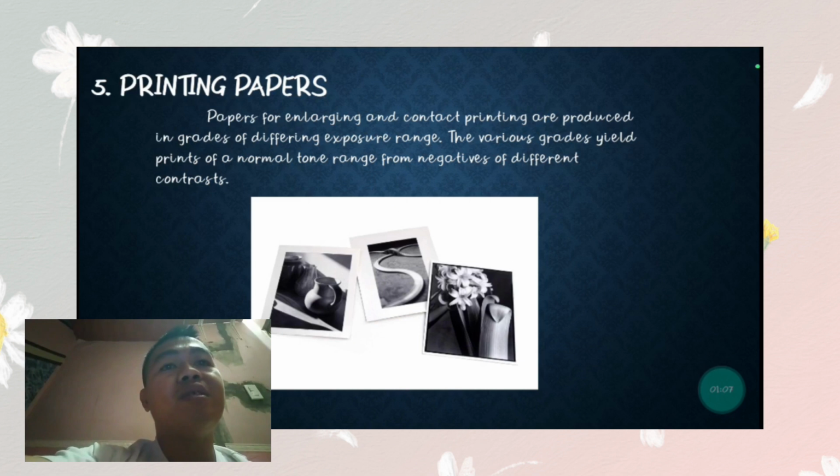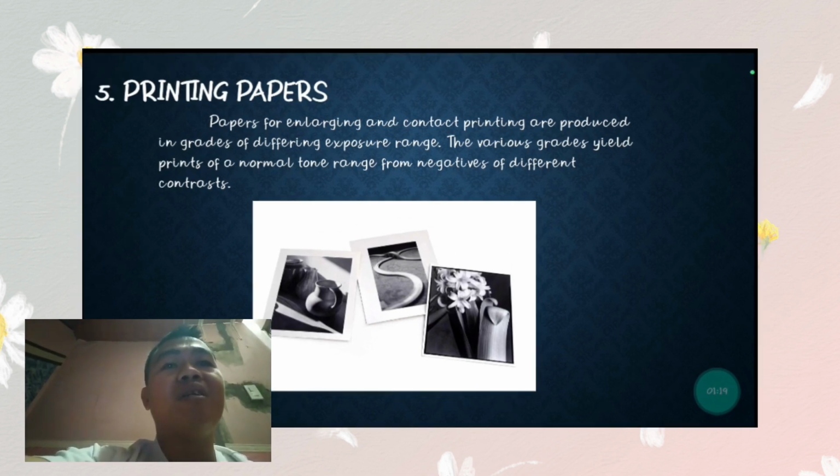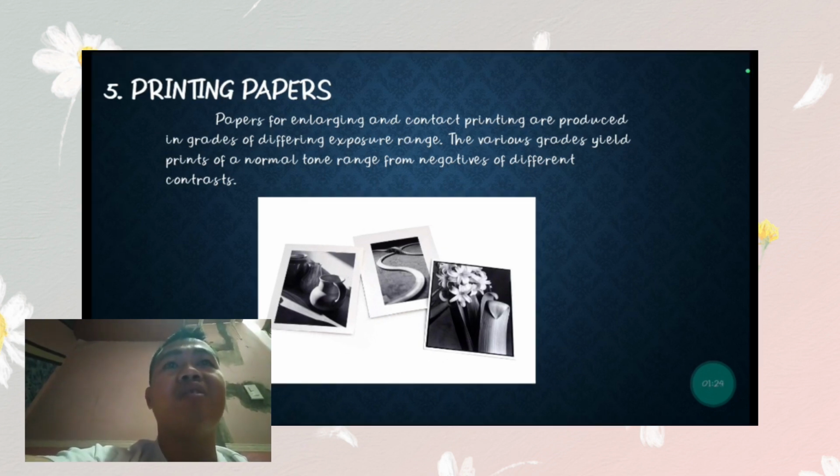But in darkroom processing, there are two types of printing papers for black and white, which are resin coated paper and fiber-based paper. And these types of papers are sensitive to light and used in creating photographic prints.